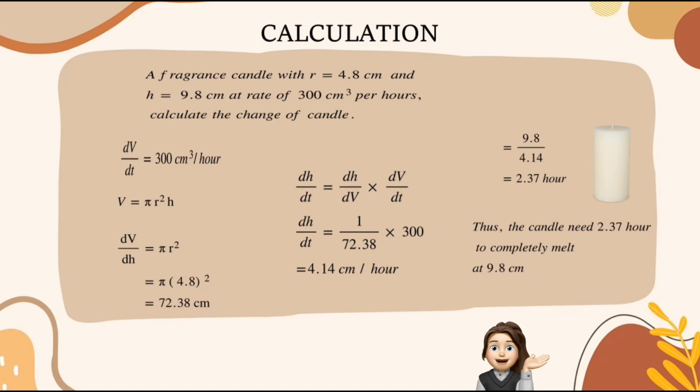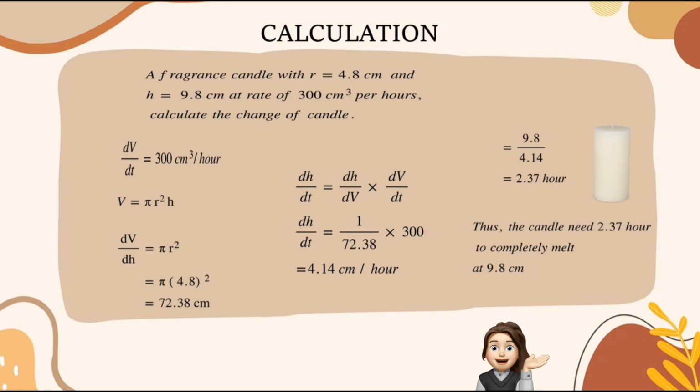After that, to find dh over dt, we can use the chain rule, which is dh over dt equal to dh over dV times dV over dt. dh over dt equal to 1 over 72.38 times 300. And then we get the answer 4.14 centimeters per hour.